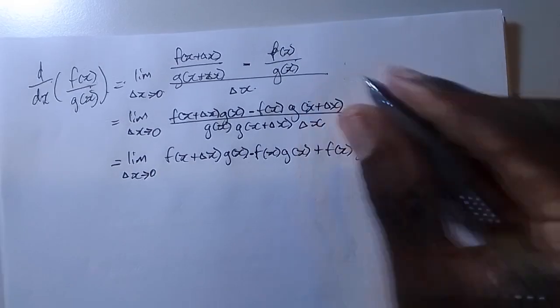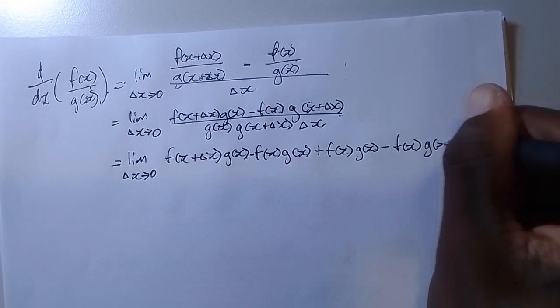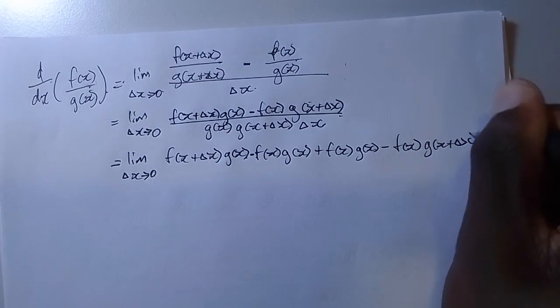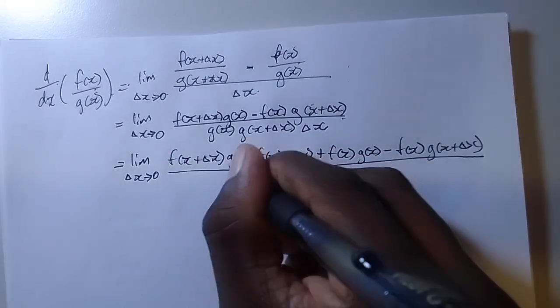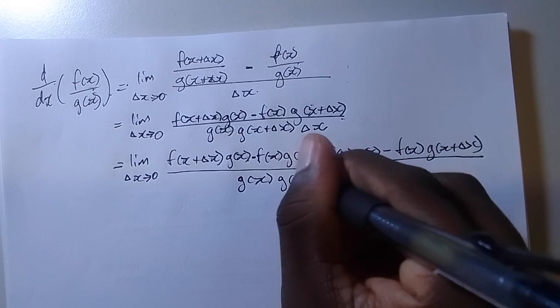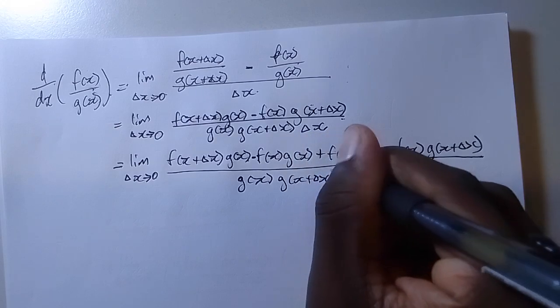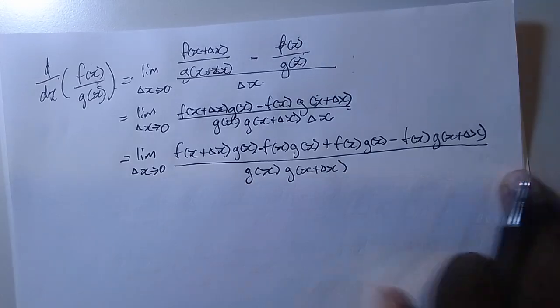And then we bring this back because it hasn't disappeared. We have f(x) g(x + delta x), all divided by g(x) times g(x + delta x). We're still looking for the limit as delta x approaches 0 of this entire thing.